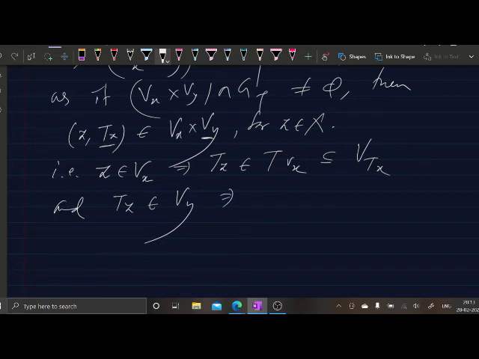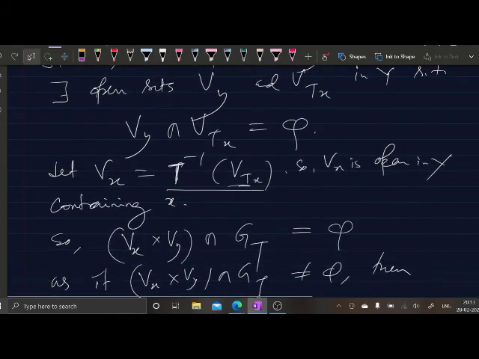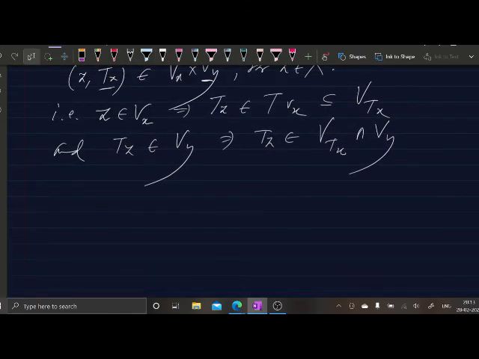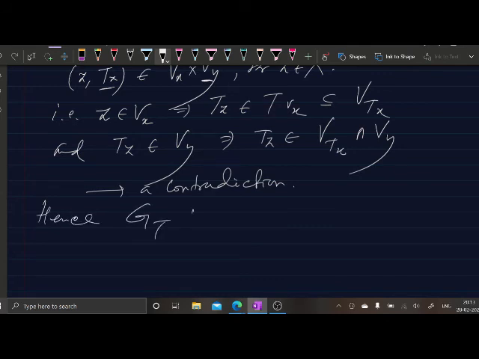So this implies Tz belongs to Vtx intersection Vy, but you have already chosen Vy and Vtx so that they are disjoint. So this is a contradiction. ঠিক আছে? So hence GT is closed.